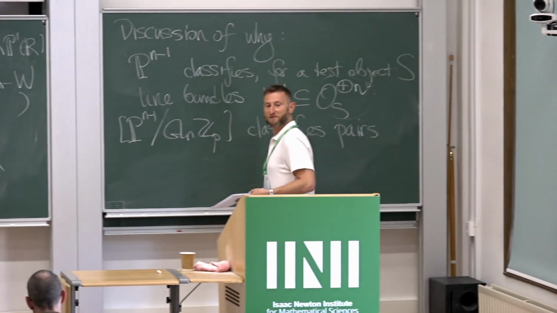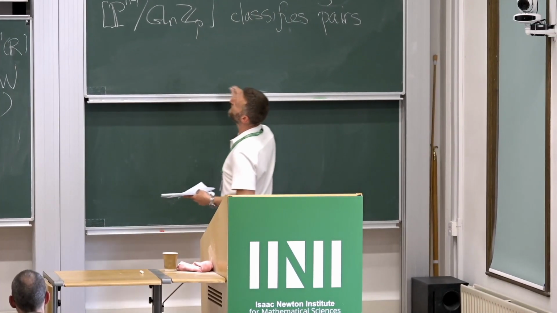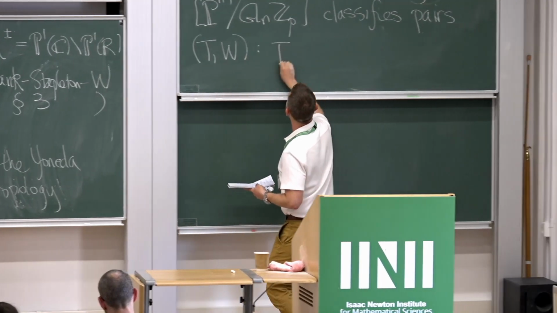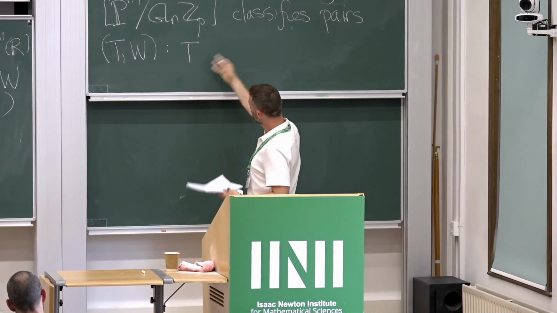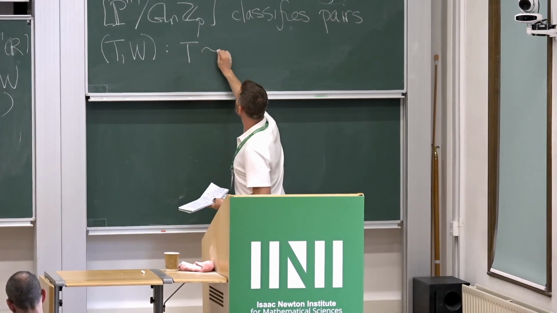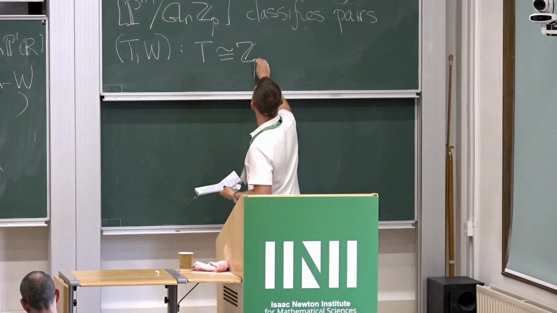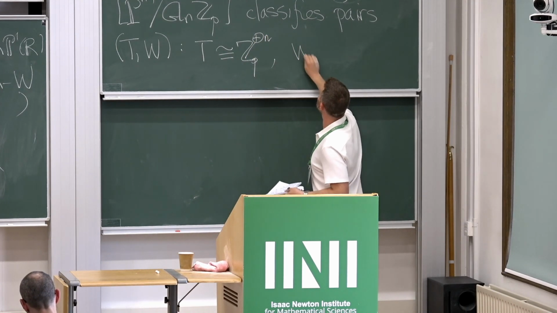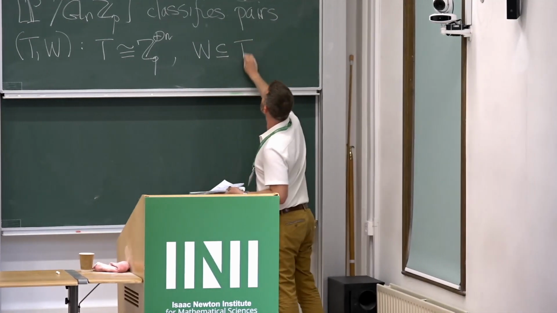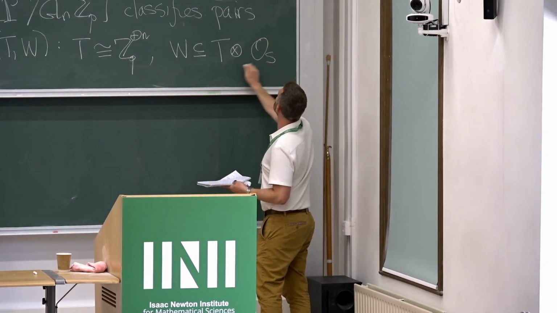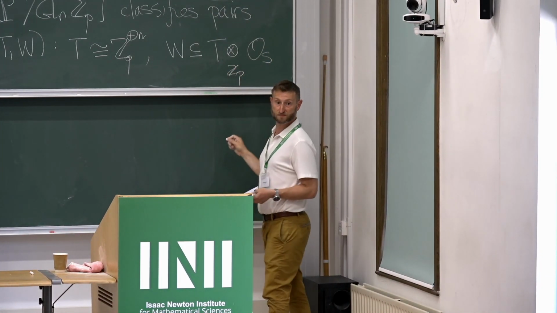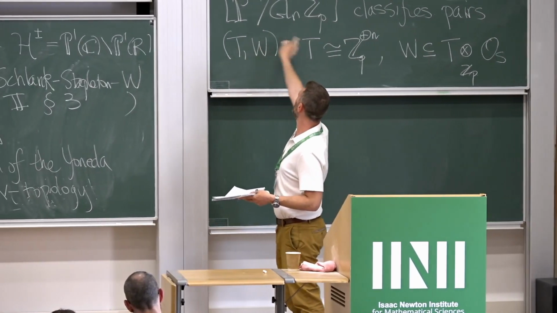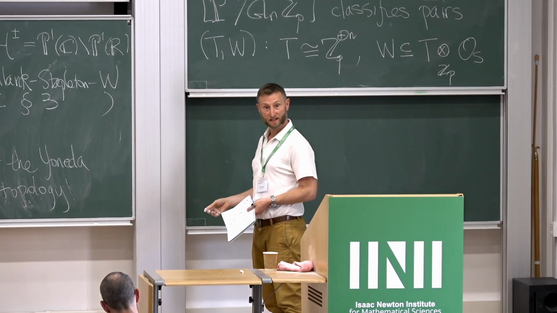Pairs (T, W), where T is a Z_p-module of rank n, so it's abstractly isomorphic to Z_p to the n. And the W, again, is going to be inside of T tensor O_S over Z_p. So there's some kind of abstract definition of what this quotient stack is supposed to classify.